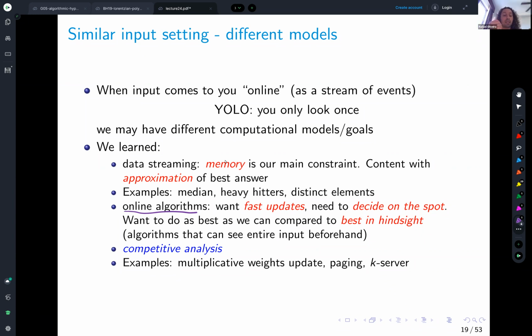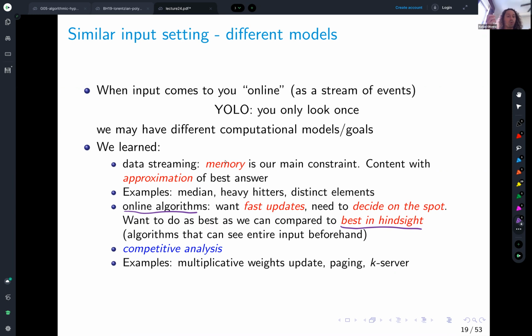And then here, what actually makes sense is to do as best as we can compared to the best in hindsight algorithm, right? Because now we have all the resources, but we need to keep making decisions. And in the end, the question is not that we have an approximation of the best answer, but to do as best as we can compared to the best algorithm that could see the entire input.